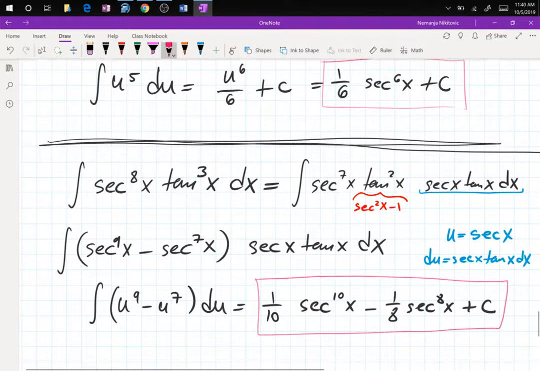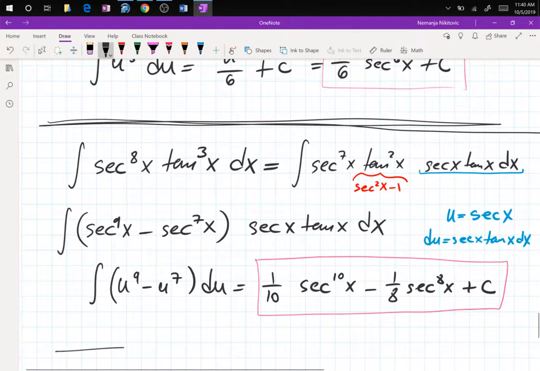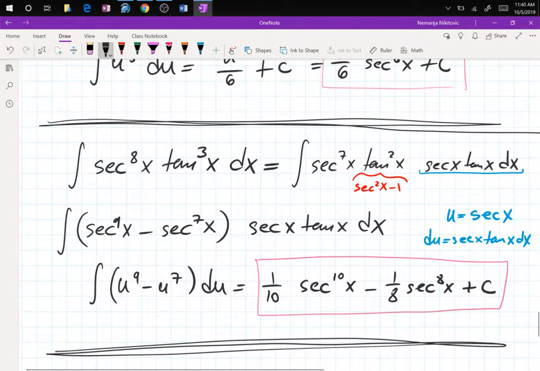Looks very simple when you see the solution, but when you're trying, it gets to be a living hell. So there are these problems where your knowledge of the derivative of secant and tangent saves your bacon.